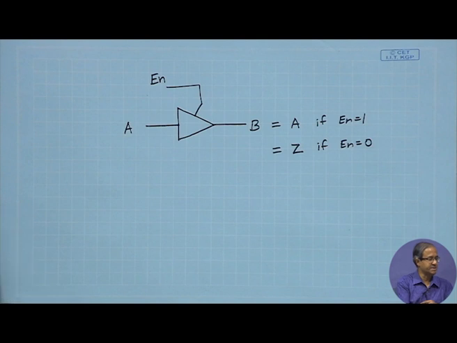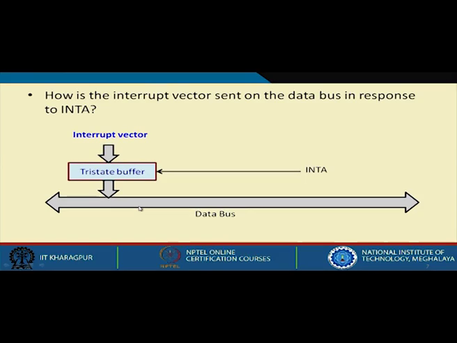In this case, the destination point is the data bus. Okay. So, whenever interrupt acknowledge is active, the interrupt vector will appear on the data bus. So, when it is not active, tri-state buffer will be making the output lines high impedance state. So, as if this is not there, the data bus will work as it is.